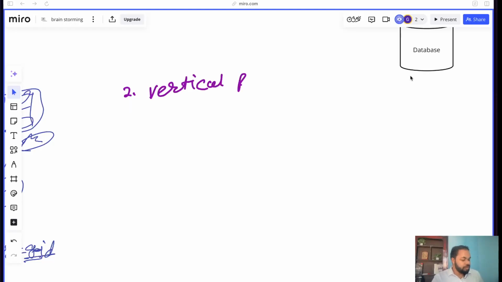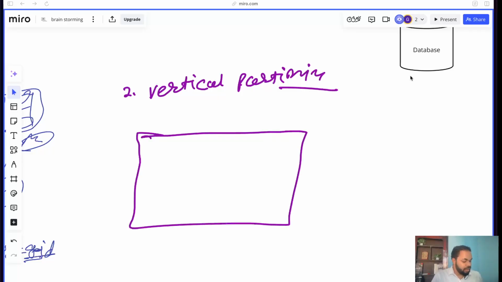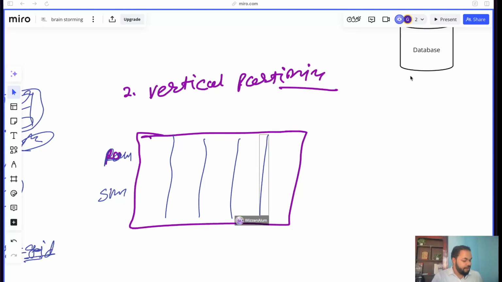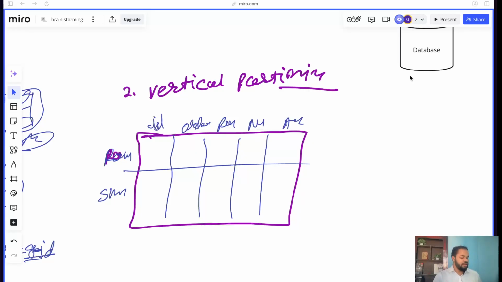Vertical partitioning, what happens in it? Suppose you have a table like earlier, and here is Ram and Shyam. For Ram's information you have order IDs, order details, payment details, name, address, and the ID.